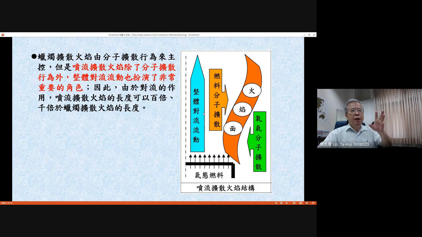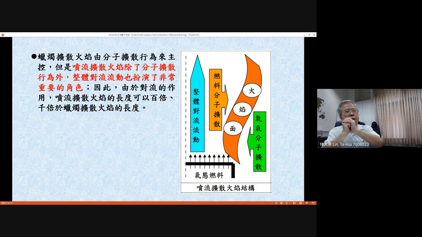The fuel inside your diffusion flame should still be controlled by the diffusion process. The fuel will diffuse to the outer surroundings and meet with the oxygen in the air at the diffusion flame.